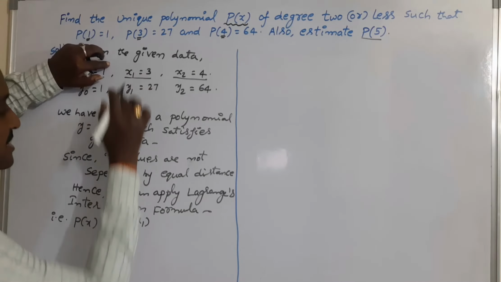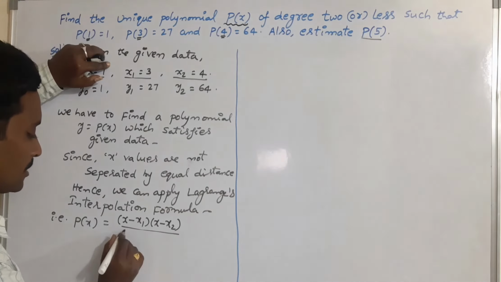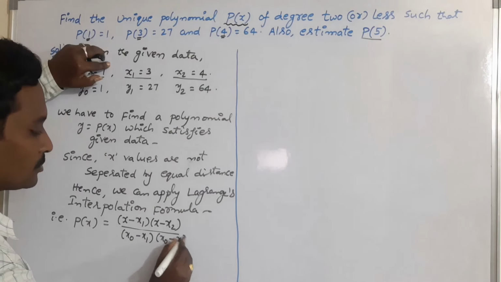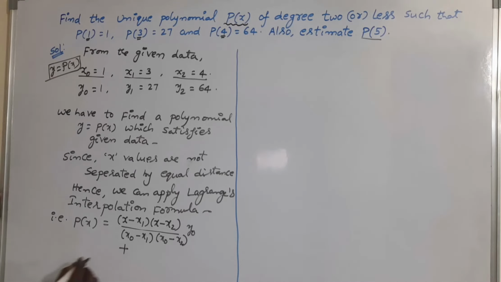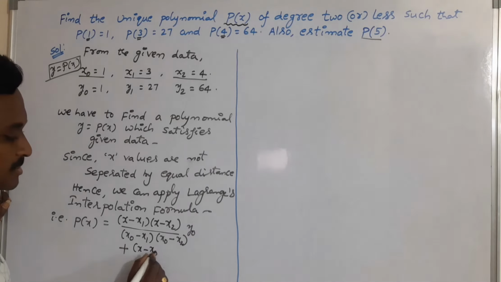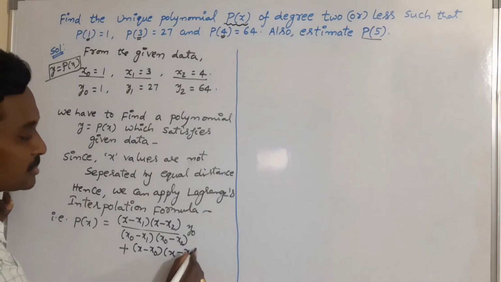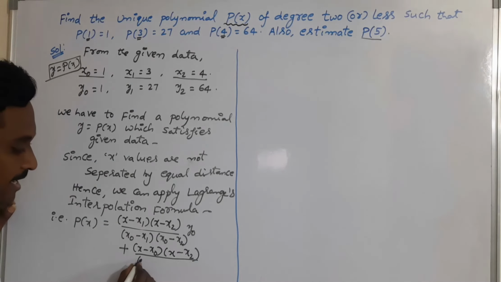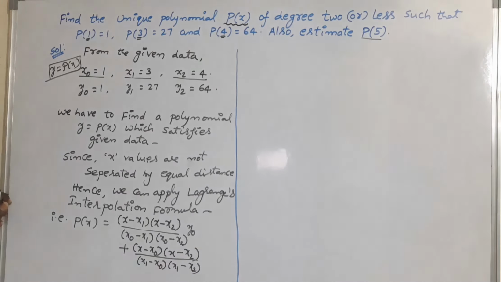So you will get x minus x1 into x minus x2 over x naught minus x1 into x naught minus x2 into y naught, plus, see the next term, x minus x naught into, now this time you can skip the term x1, so x minus x2 is the last one, over x1 minus x naught into x1 minus x2.